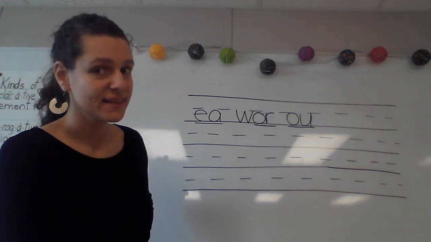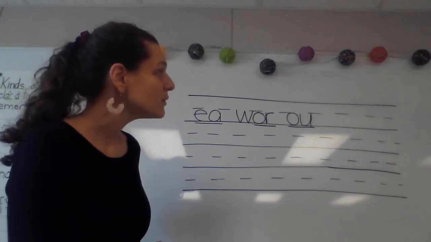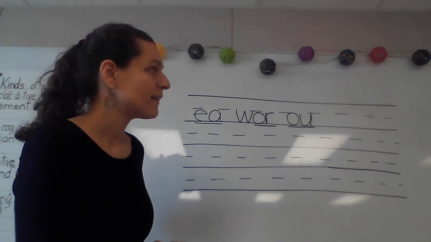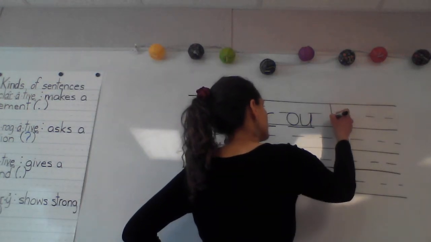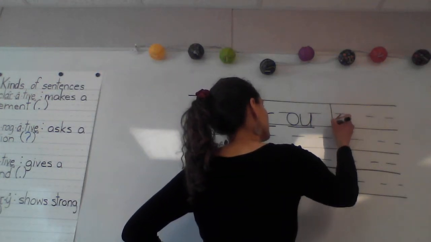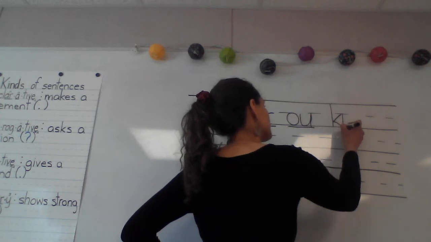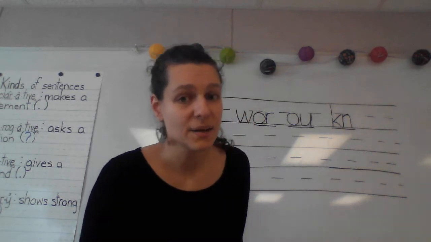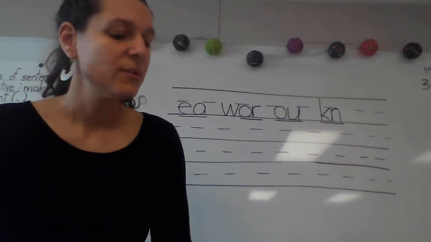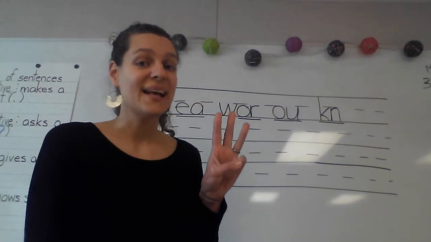What is it? Good. N, two-letter n, used only at the beginning of a base word. This is our n, two-letter n. All right, since that's a newer one, if you didn't have that, you write it 3 times and say it while you write it.